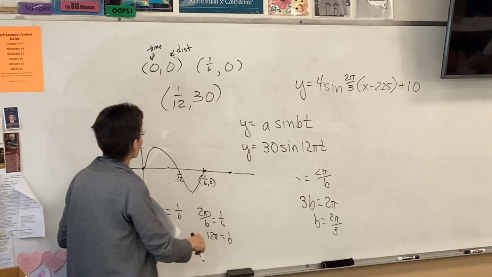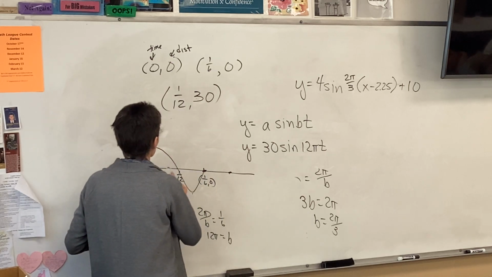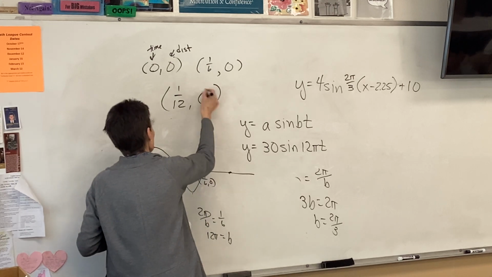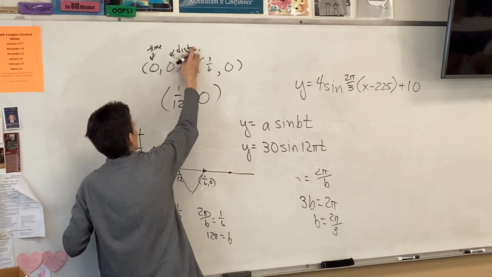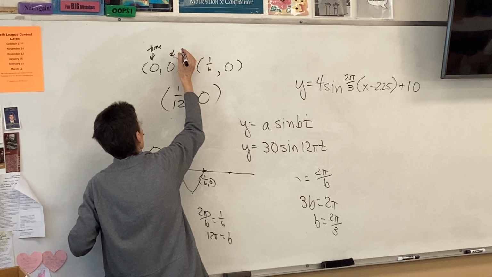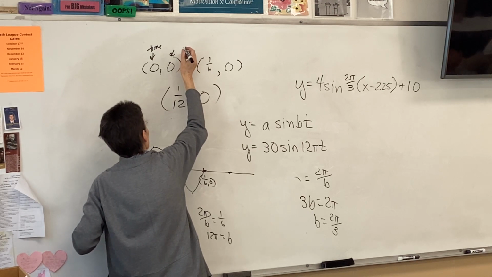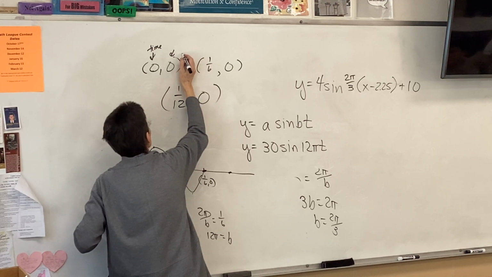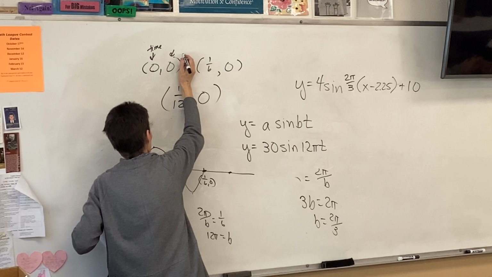No, that's 0. See, now I'm getting myself all screwed up. I think this is supposed to be, this is what happens when I write problems. I'm not Mr. Passwater.